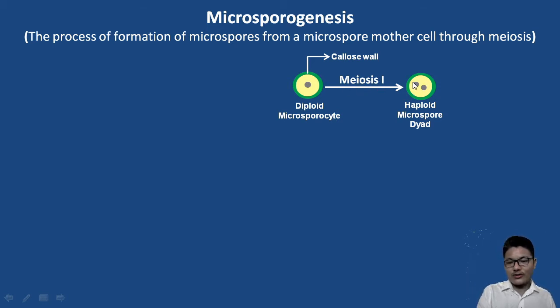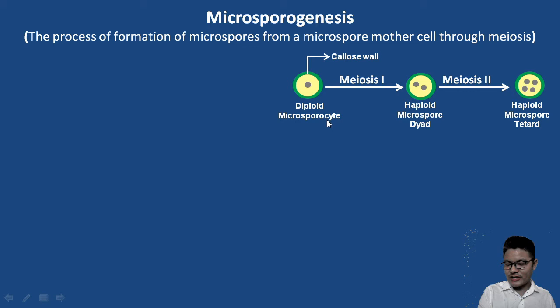So this two cell stage can be called a microspore dyad. Dyad refers to 2. On undergoing meiosis 2, there is formation of 4 cells. So the number 4 can also be known as a tetrad. So a haploid microspore tetrad is formed after completion of meiosis of the microsporocyte.